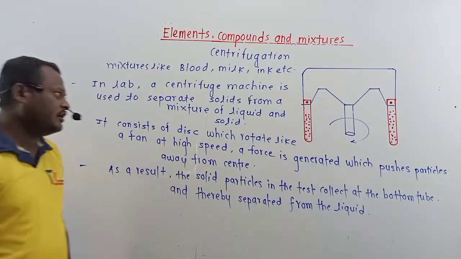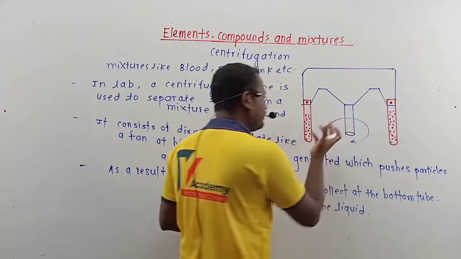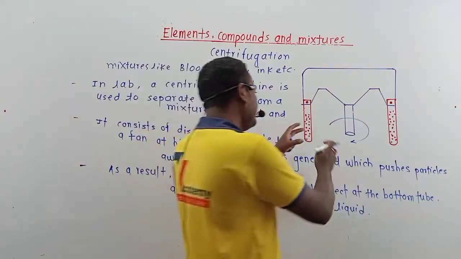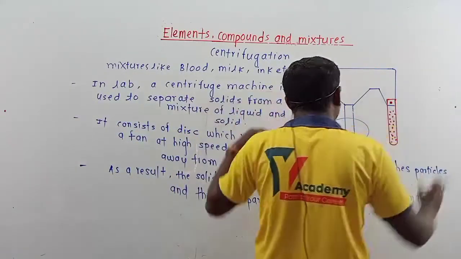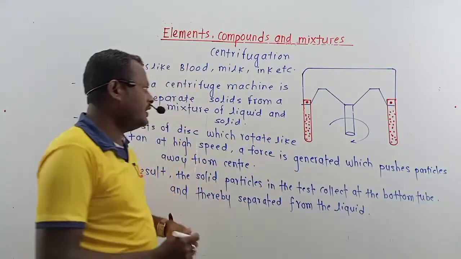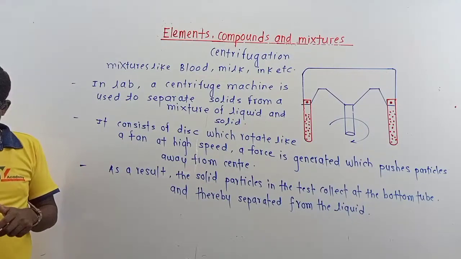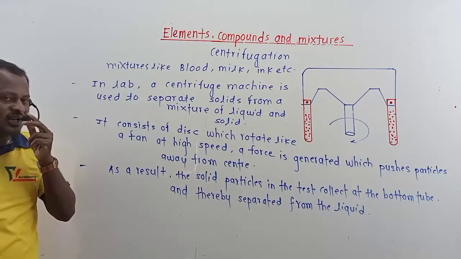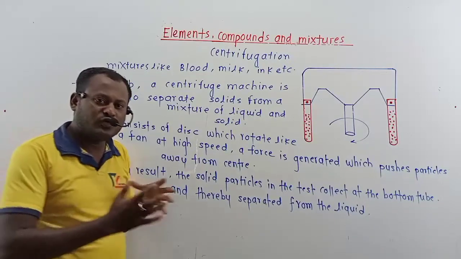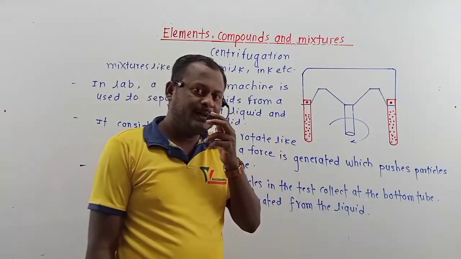When this centrifuge starts rotating, these test tubes move in an outward direction. The solid particles which are present in the mixture also move outward due to the higher rotational speed of the centrifuge.